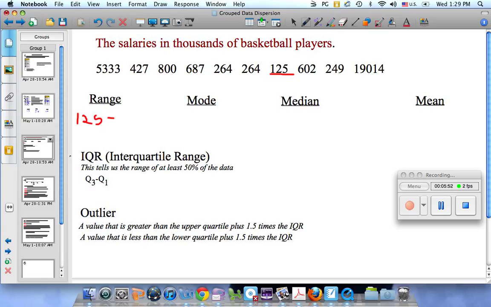And there's LeBron, he makes the most. So he's 19,014. Now, you can leave this as the range, or you can take it a step further and you can subtract it. And you can say the range is 18,889.